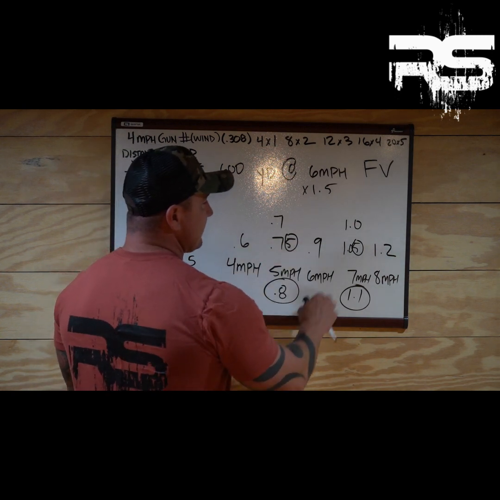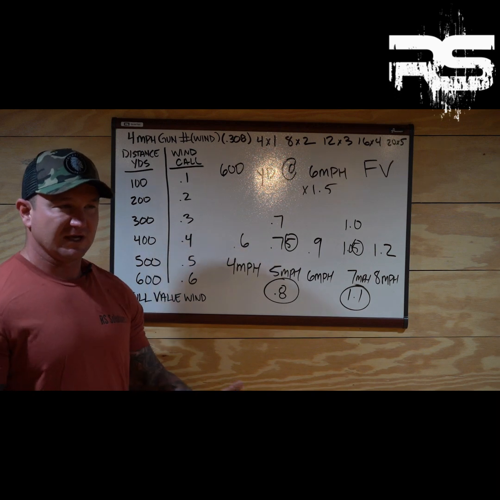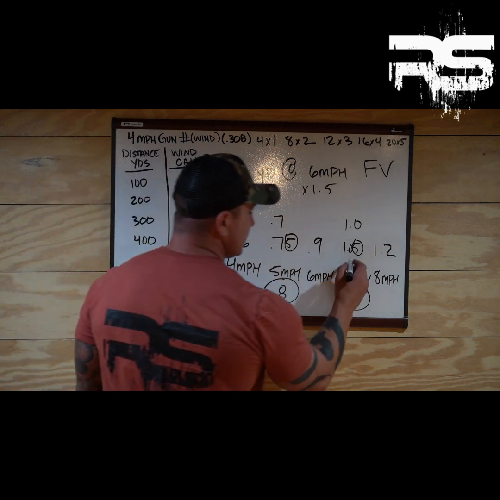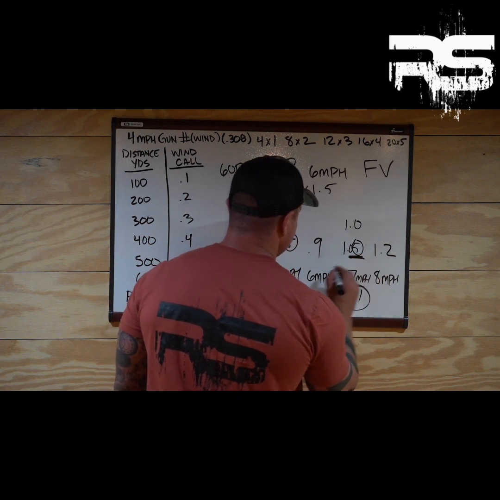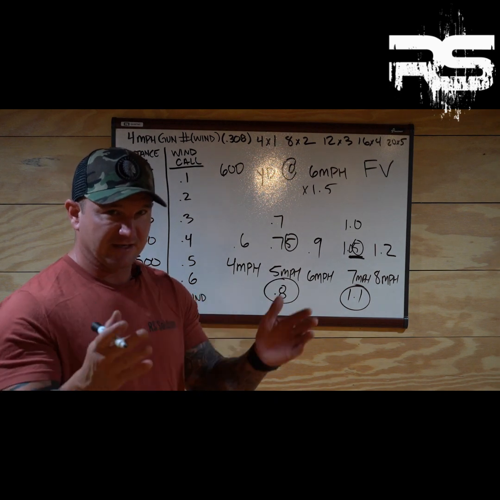Okay, so the nice thing to remember is we're only working out to 600. If you're using a better caliber like a 6.5, you could push out to 700. But this 0.05 of a mil is not going to cause you to miss the target. It's not a big enough adjustment.